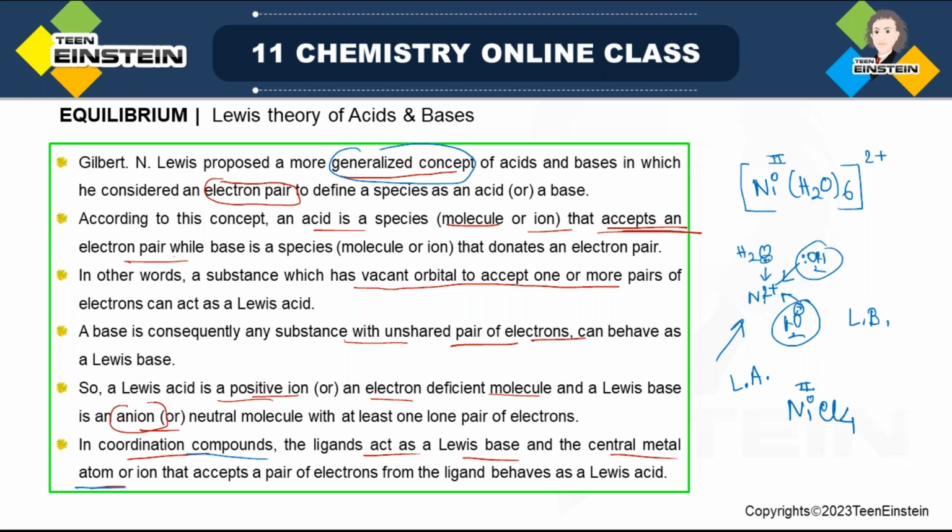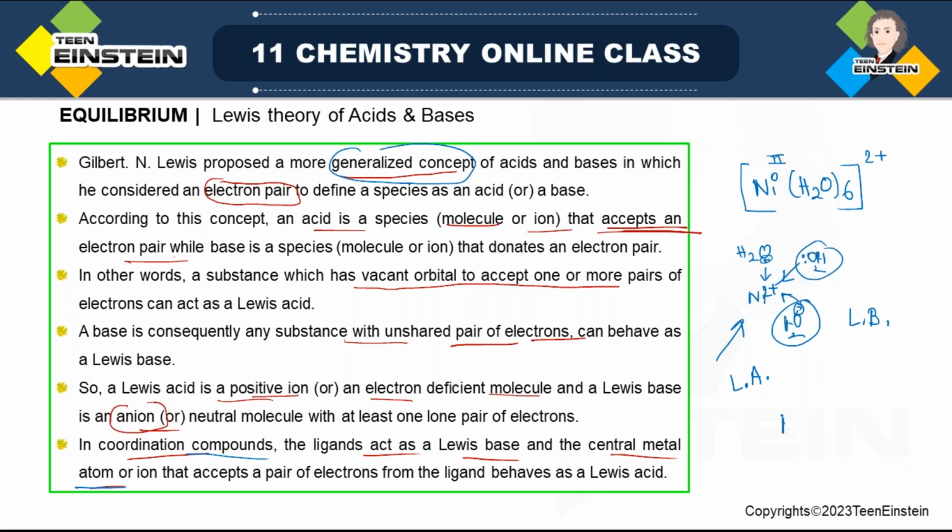Suppose here the charge is 2 and total 4 chlorine we have taken, and the negative charge will be extra, and that can be satisfied by any other anion present outside this coordination sphere. Actually, this example I cannot take. It may be any neutral molecule also.